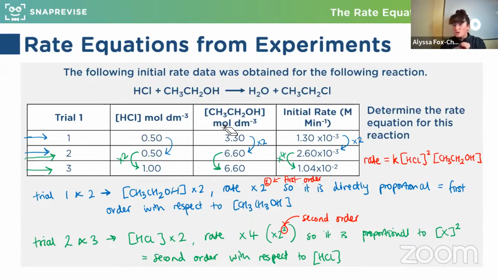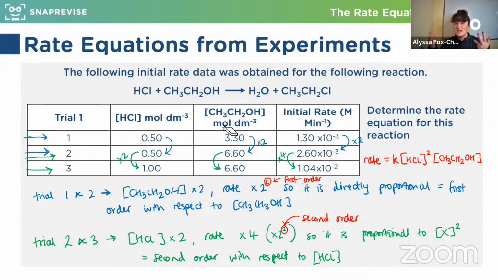Does it sometimes go over third order? Is there a limit? Not a silly question at all. You absolutely can have fourth order, fifth order, sixth order, etc. But at A level, you're only likely to be asked questions on zeroth, first, and second. We include third order because they might ask an extension-type question, the higher A-star level, because it's application of knowledge.